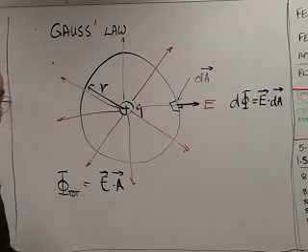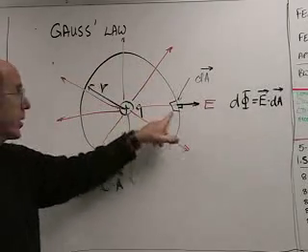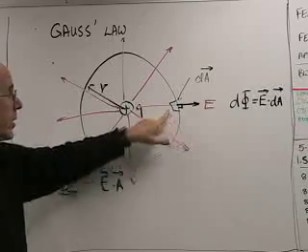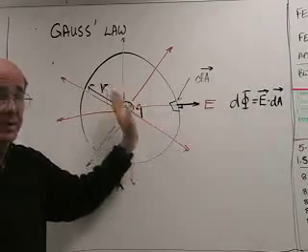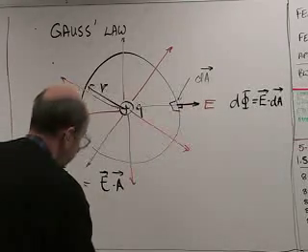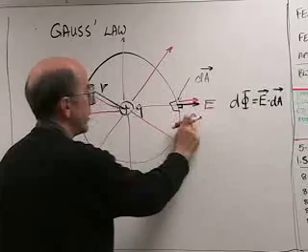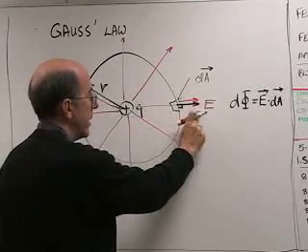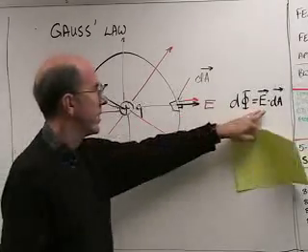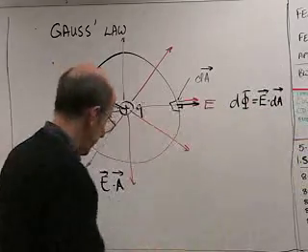In the spirit of doing an integral, we're going to take the whole sphere and break it down into these little increments of area and then do an integration that essentially adds them all up. At this particular point, E is parallel to dA, and so the cosine of the angle between them is the cosine of 0 degrees, which has a value of 1.